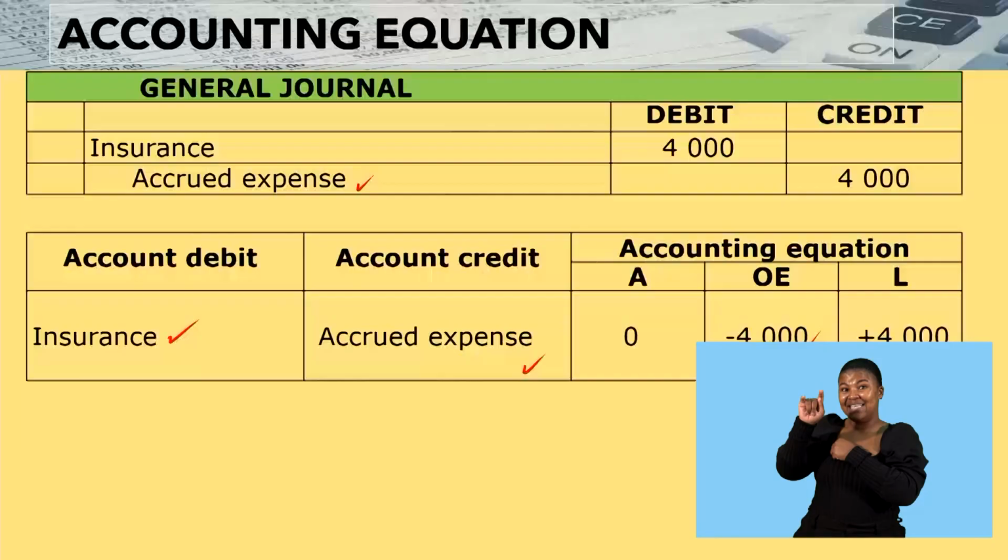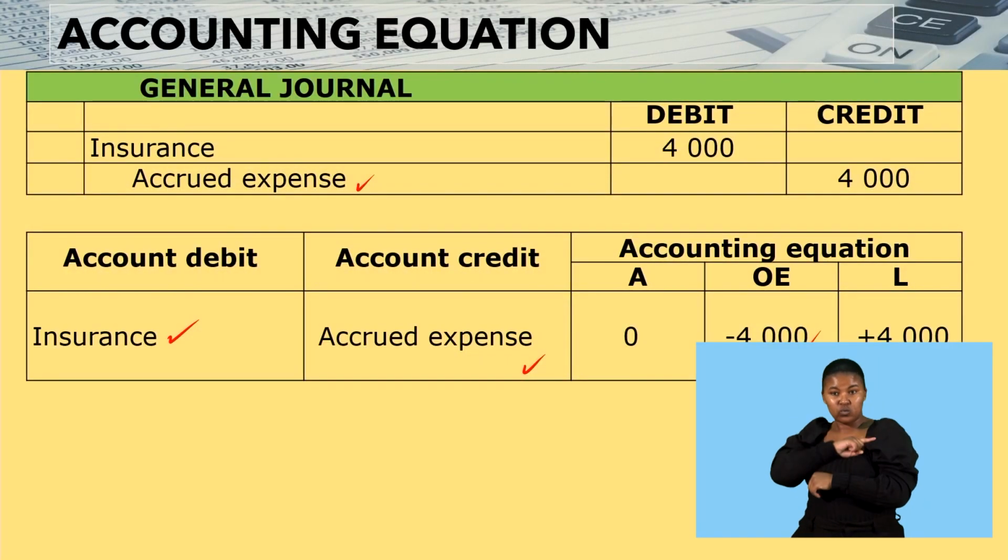Hence, you see here, I have a plus on my liabilities, plus 4,000. It will not affect my assets because remember, I am owing for an expense. So it will not affect my assets. This is how you should do your accounting equation. Once again, I would encourage you to do your general journal. It will make you understand your accounting equation much clearer.